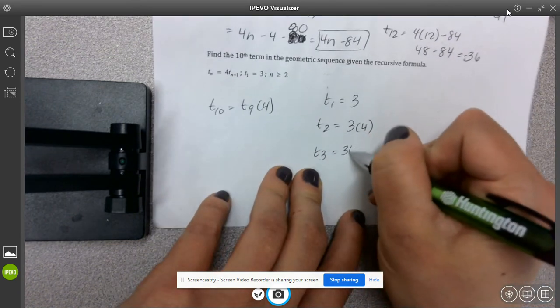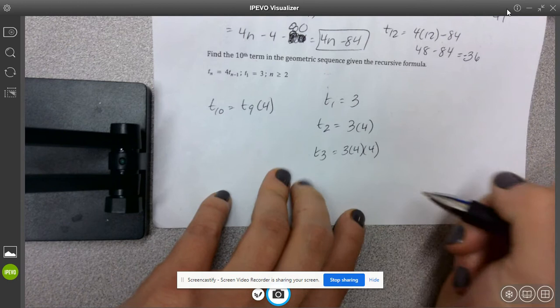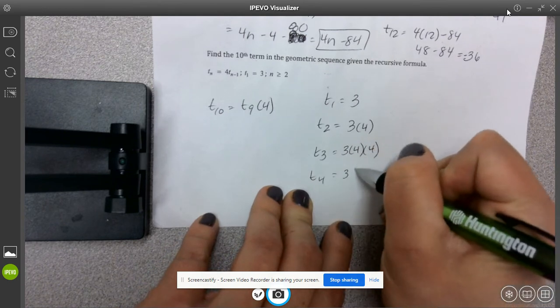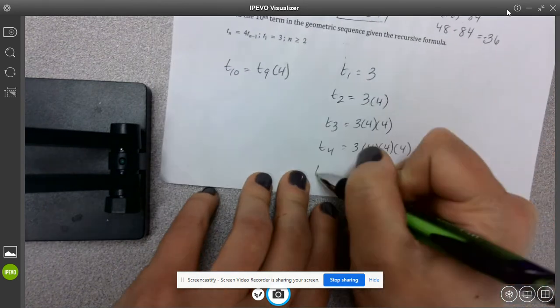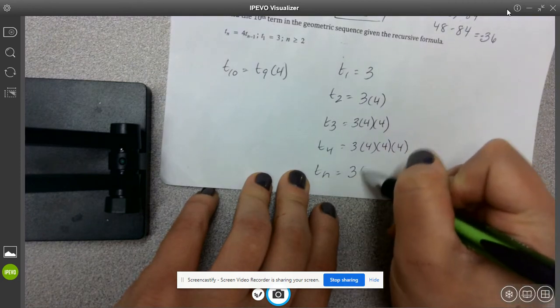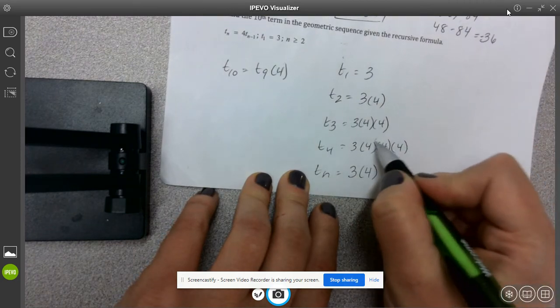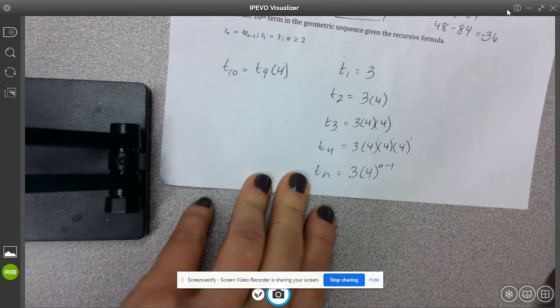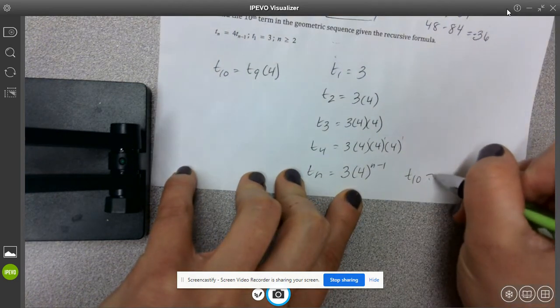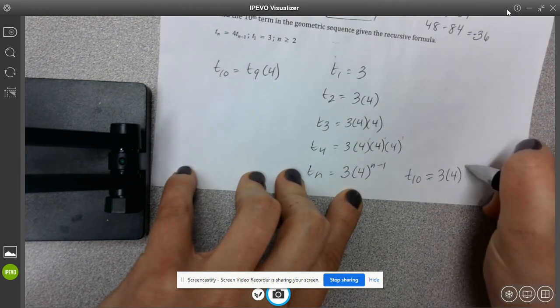So the next term would be 3 times 4 times another 4. If you're trying to find the 4th term, it's the previous times another 4. So whatever term you're trying to find, it's 3 times 4 to the power of 1 less than what you're finding. Okay, so if I'm trying to find the 10th term, I take 3 and multiply 9 fours.